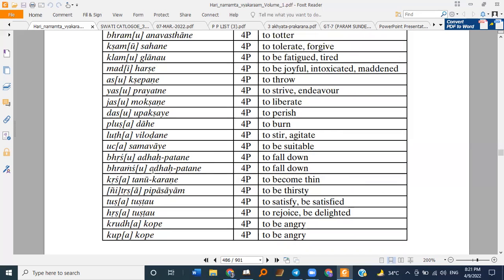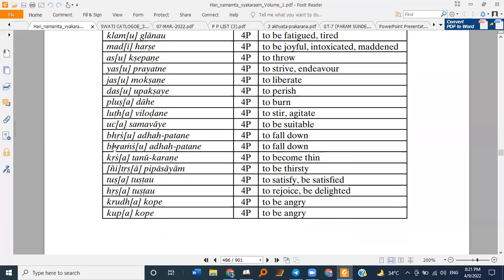Bhrishu Adha Patane, to fall down. Bhrangshu Adha Patane, to fall down. We say Vibhrangsha, Vibhrangsha Buddhi. I think in the second chapter it comes, Bhagavad Gita, Vibhrangsha Buddhi, after the contact with the senses. Right. Finally, Krodha.